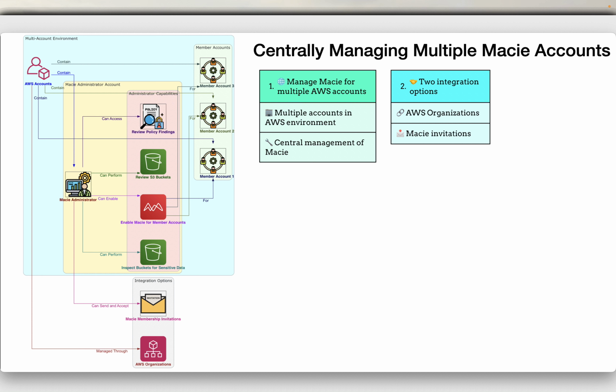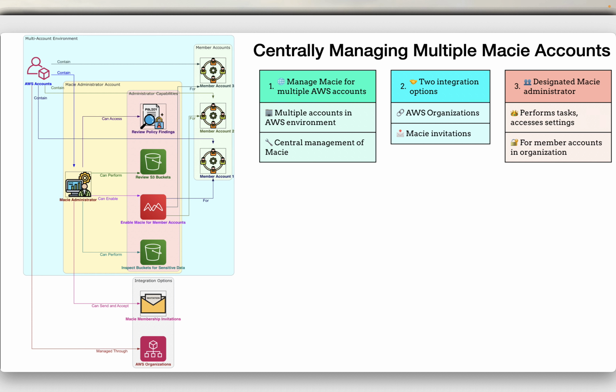Central management of Macie can be done by integrating Macie with AWS Organizations, which is basically multiple AWS accounts grouped together, or by sending and accepting a membership invitation in Macie. This is for one AWS account sending an invitation to another AWS account, and they accept the invitation, and then they become part of a trust. So these two accounts will not be in the same AWS organization. They are completely different AWS accounts.